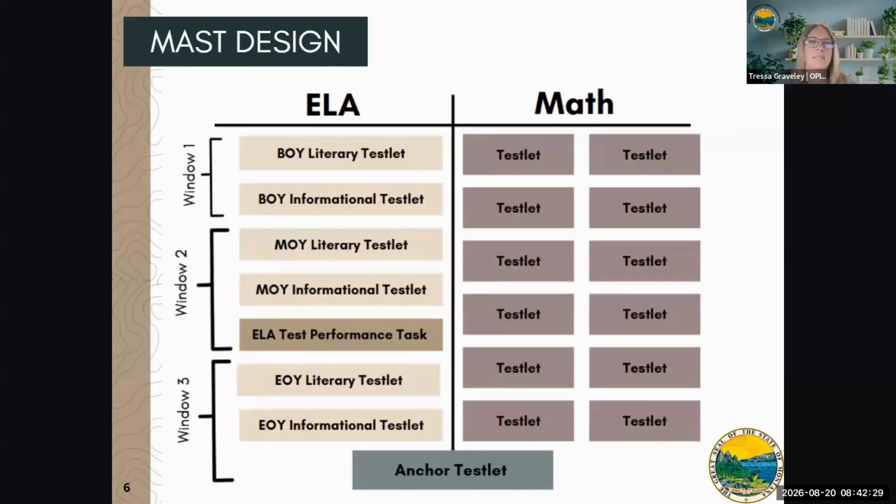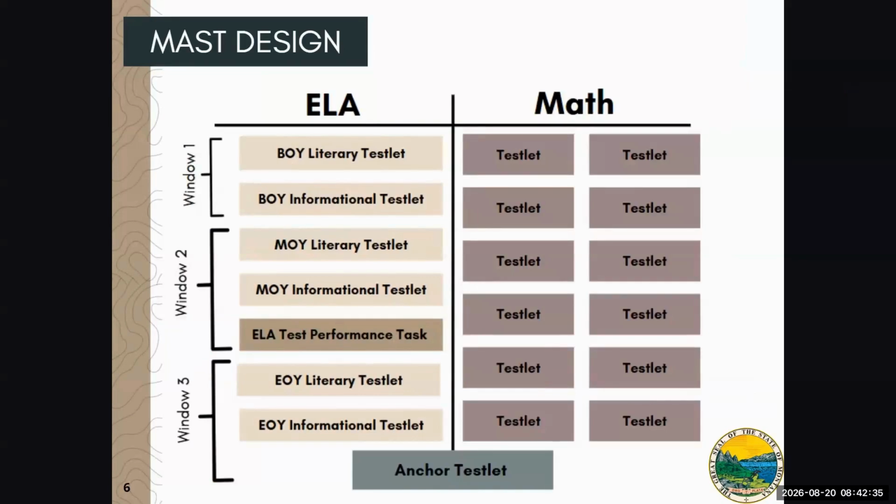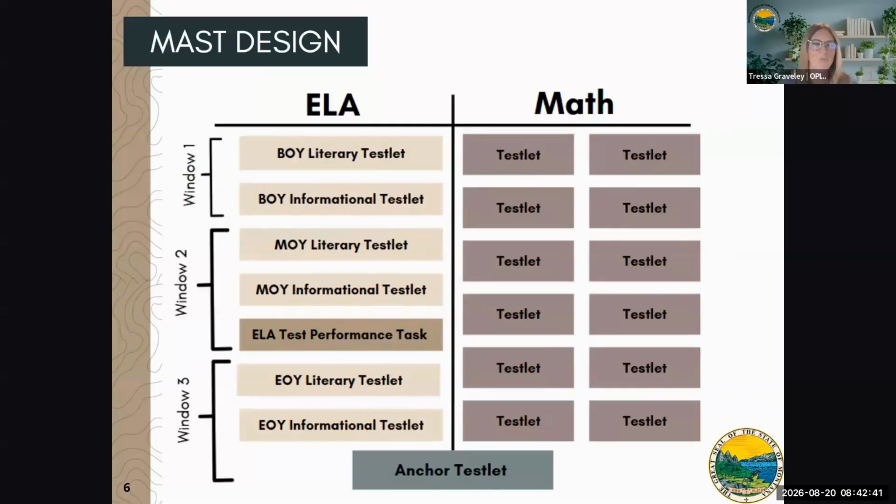The MAST test design features our ELA testlets that are fixed for all schools across the state. So in Windows 1, 2, and 3, you can expect to see a literary and informational testlet with the ELA performance task being delivered in Window 2 after students complete the middle of year informational testlet.